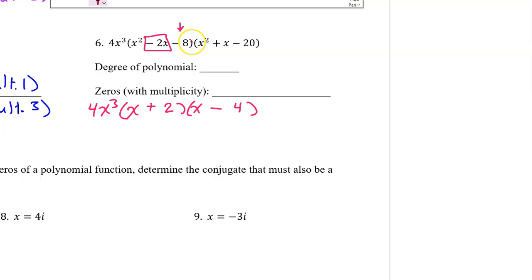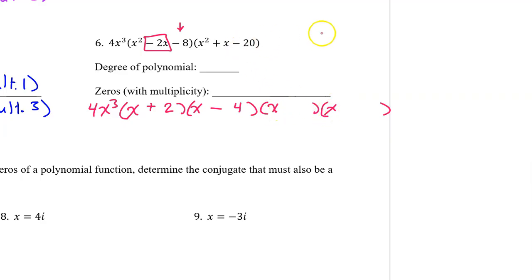Now let's go ahead and factor the next trinomial. X squared will only factor as x times x. 20 will either factor as 4 times 5, or 2 times 10, or 1 times 20.